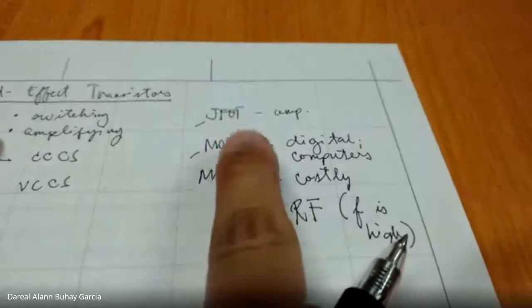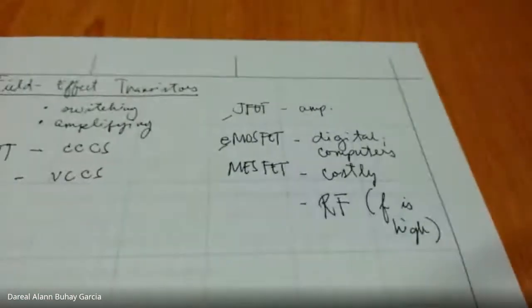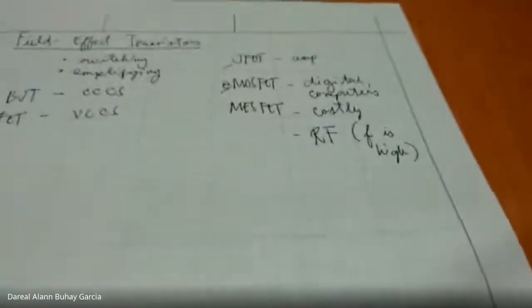More specifically, the e-MOSFET or enhancement type MOSFET. There we will focus more in our learning of field effect transistors, on the characteristics and formulas.